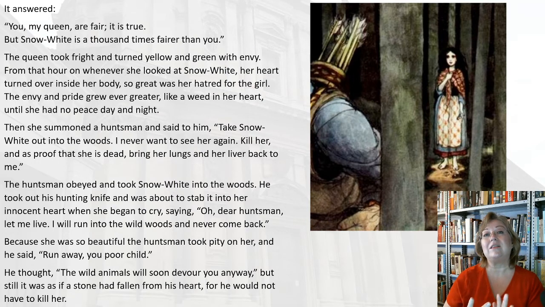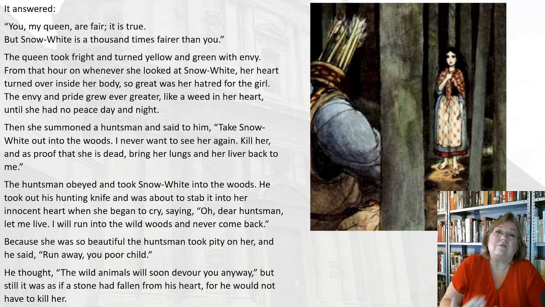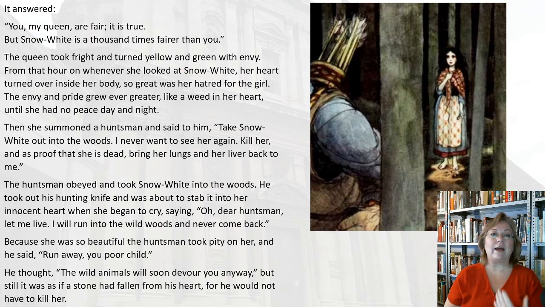At age 7, this little girl was so much more beautiful than her stepmother that she became known as being 1,000 times more beautiful than the queen. The queen took fright. She's afraid of not being the most beautiful and turned yellow and green with envy. From that hour on, whenever she looked at Snow White, her heart turned over inside her body. So great was her hatred for the girl.